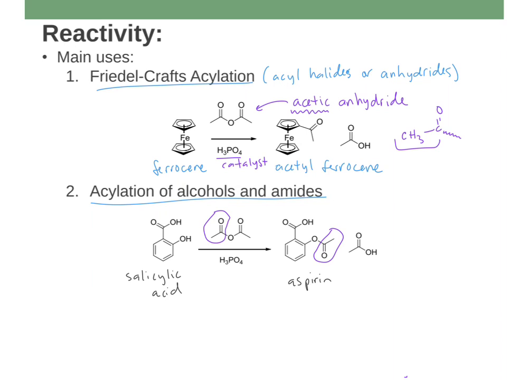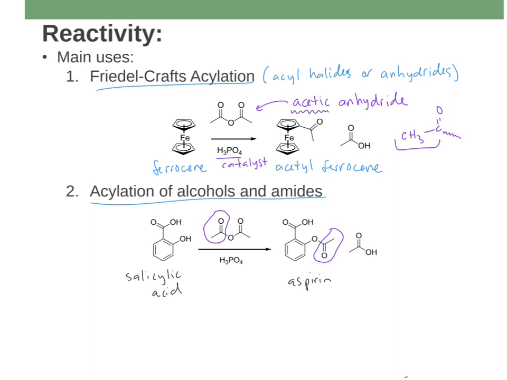You just add in acetic anhydride, stir it around with the salicylic acid, and you get aspirin. Really high yielding, really easy to do. The leftover acetic acid is really easy to get rid of, and then you've made some aspirin, which is kind of fun. So these are the two main purposes of your anhydrides.